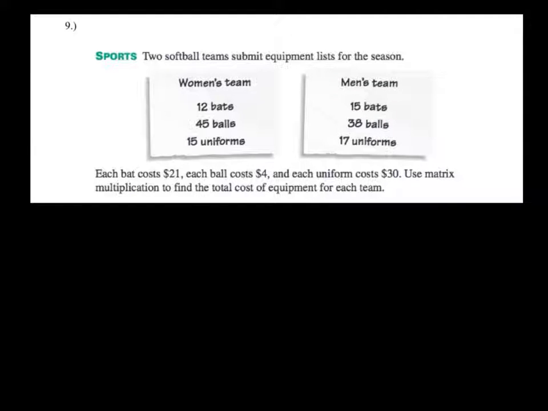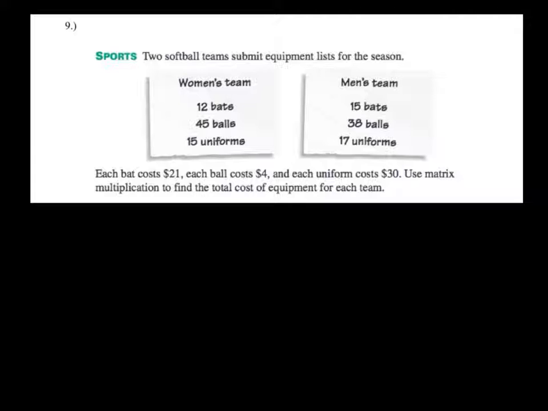So it's talking about sports teams, and it gives women's teams and men's teams lists of the equipment that they're going to need for each season. And then it also tells you, okay, each bat costs $21, each ball costs $4, and each uniform costs $30. So use matrix multiplication to find the total cost of equipment for each team.